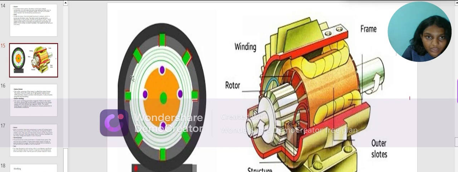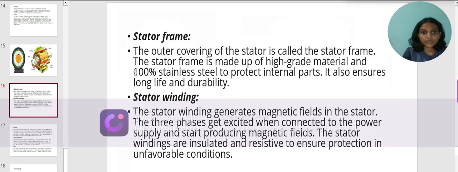Suppose we think there is a winding here, and there is another winding here, so that there is a difference of 120 degrees between two windings. An EMF is induced in the conductor of the rotor from Faraday's law of electromagnetic induction.